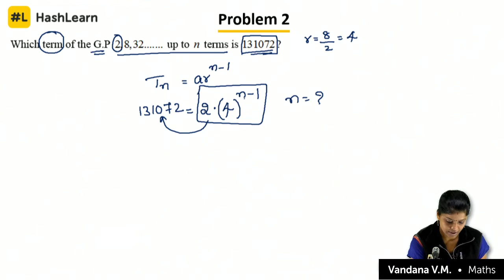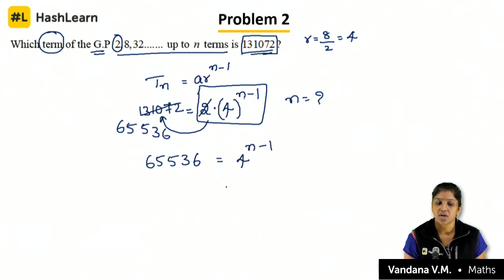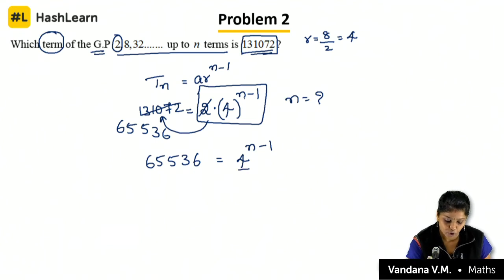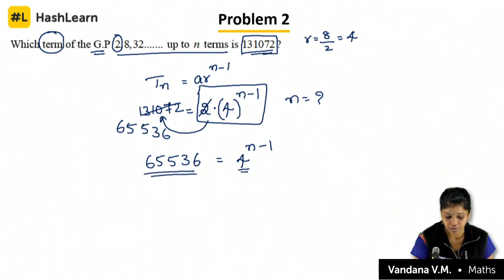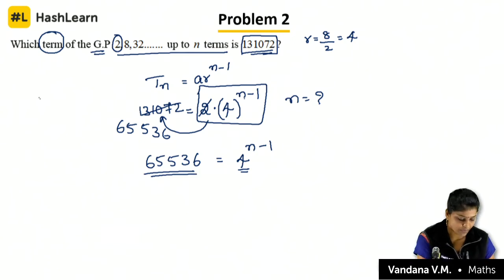Clear now children? Yes. So 65536 is equal to 4 power n minus 1. So now I will see. Here 4 is there, so I would like to convert this also in terms of 4. How to make that?